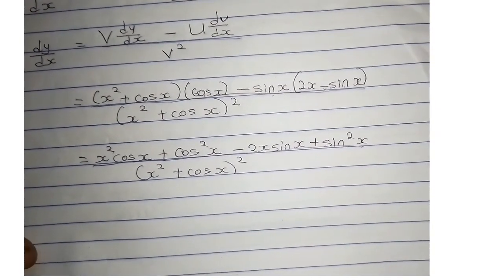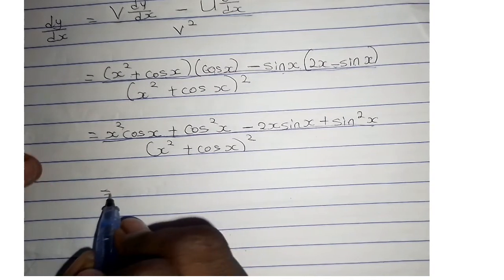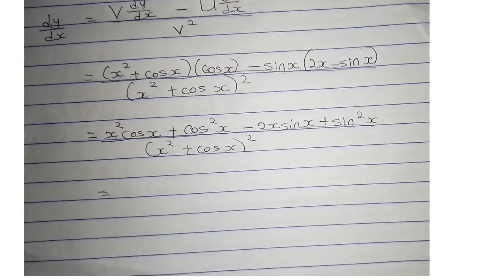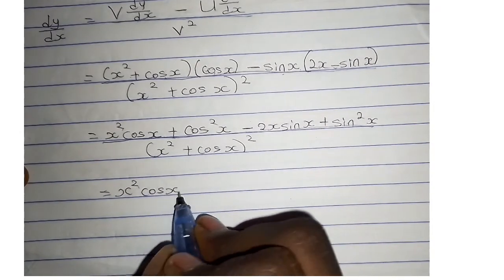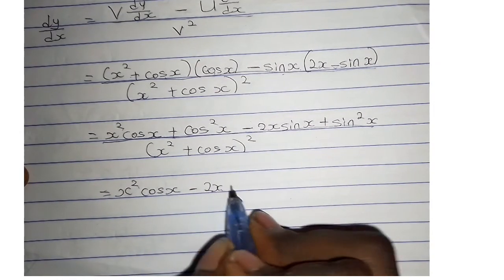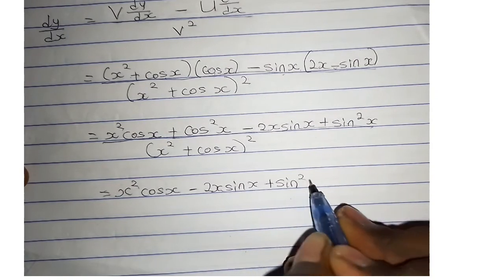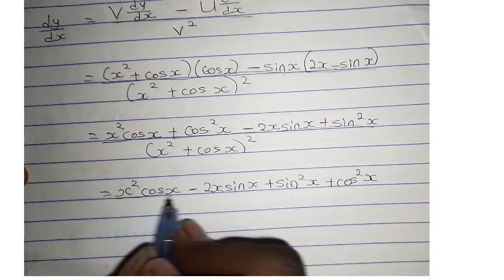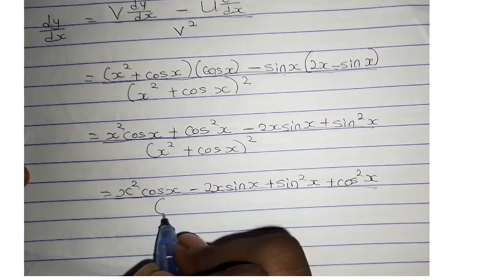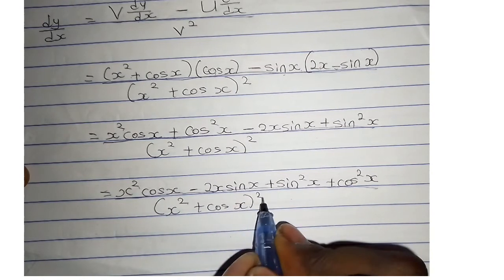Okay, so we're going to collect like terms. So here becomes x squared cos x minus 2x sine x plus sine squared x plus cos squared x, all over x squared plus cos x all squared.